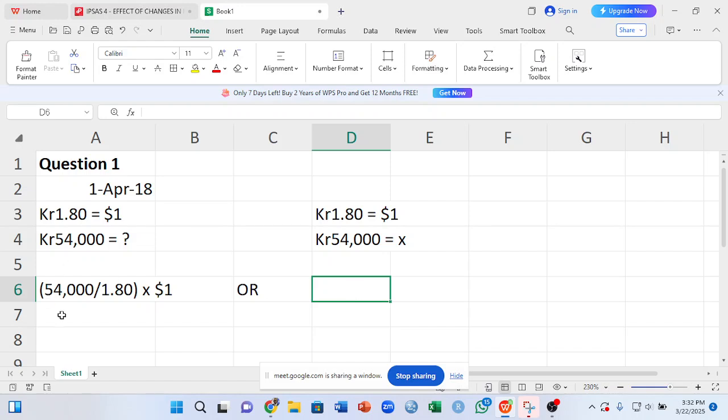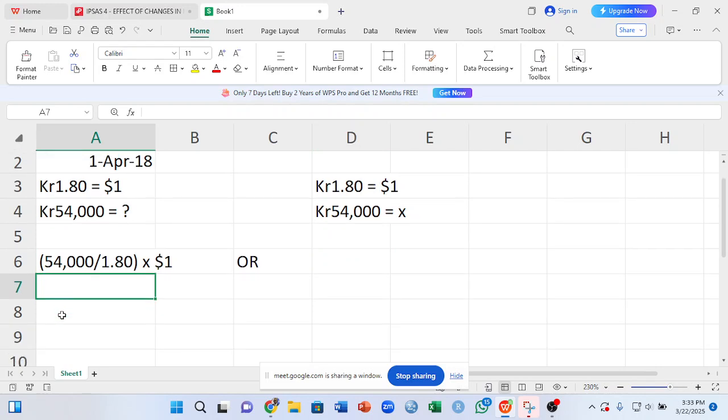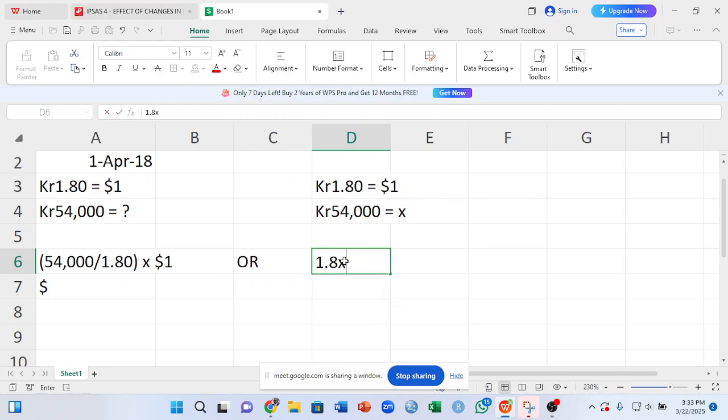So with this one, we'll get our answer straightforward. What will be our answer in dollars? If you calculate it, what are you going to get? Let me proceed with this. You cross multiply, which will be 1.8x equal to 54,000.